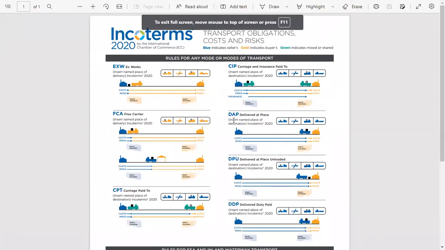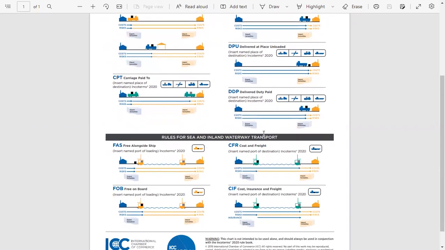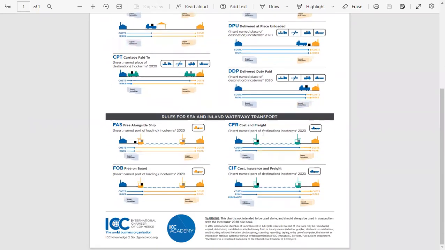This is a wall chart of Incoterm from ICC, the publisher of Incoterm. You may see that we have 12 Incoterms, with seven Incoterms for any mode of transport, and four Incoterms for only waterway transport.